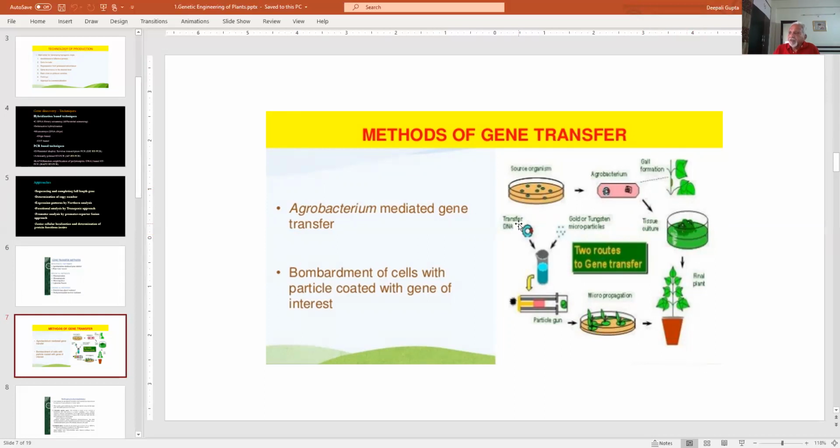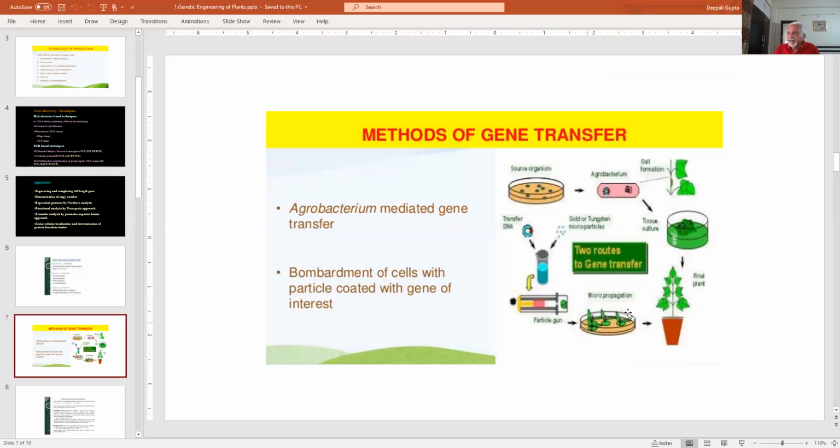Similarly, the particle bombardment system uses a machine, what we call a gene gun. Here the genes are cloned into a plasmid, which has the coding region as well as a promoter and a terminator. And then this plasmid is coated on gold particles or tungsten particles, and they are bombarded onto the tissues or cells of plants.